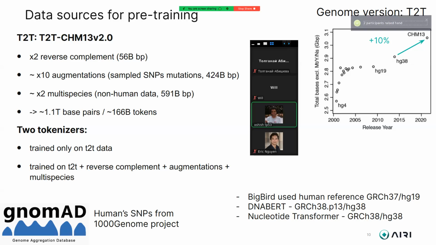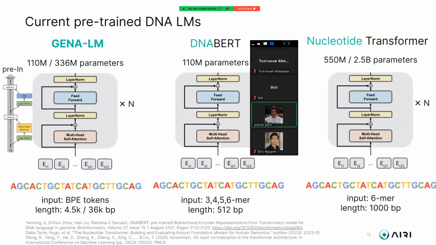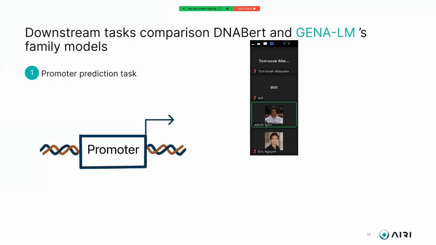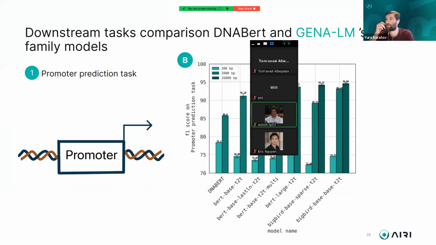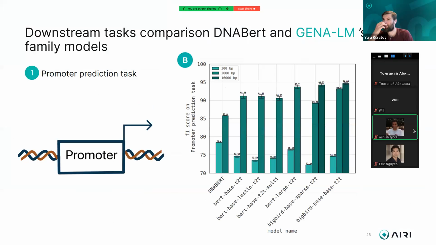I was just trying to understand why add non-human data in the training. We tried different benchmarks for human-only data and not only for human data, and we saw that adding multi-species data does not always give us benefits for human-only data, as for example on this slide.